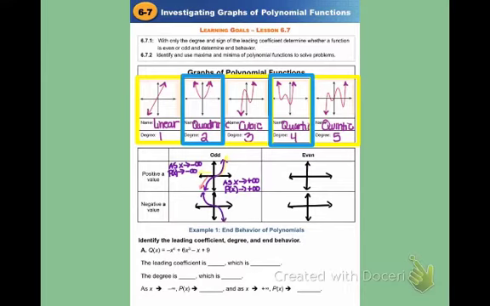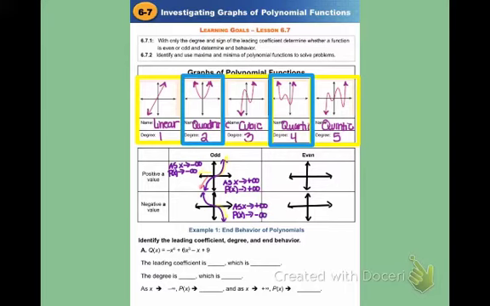And so we would say that on the right-hand side of the y-axis, as the x's were approaching positive infinity, then the function p of x was approaching negative infinity. In other words, it's getting smaller.